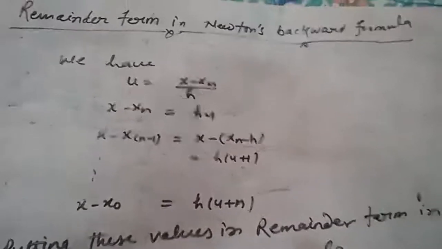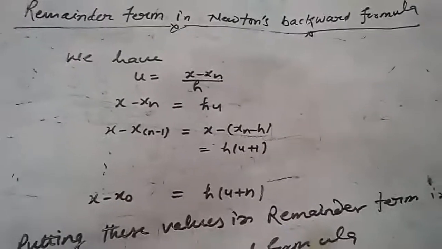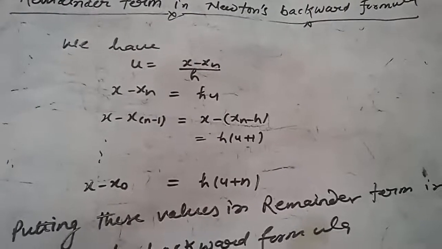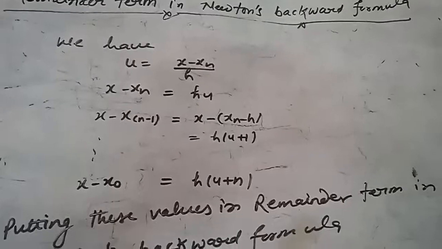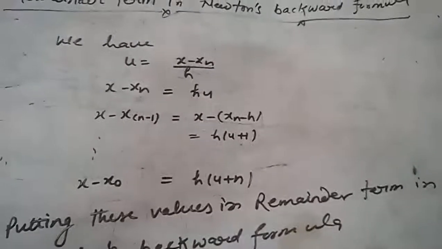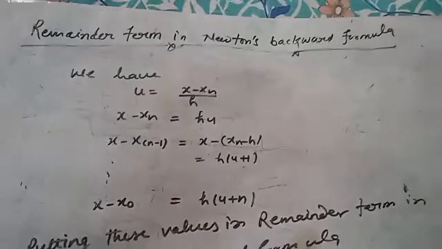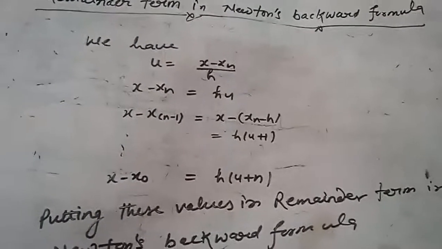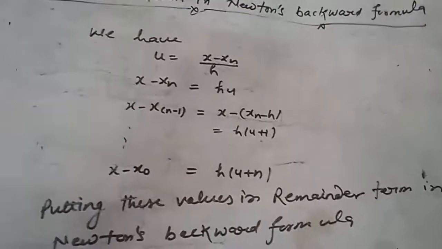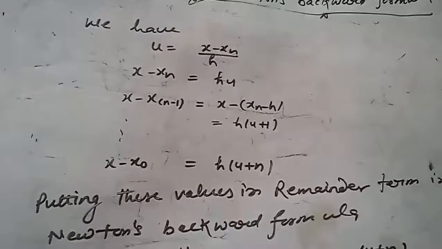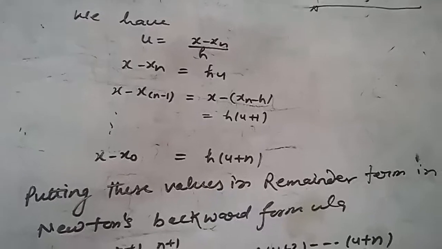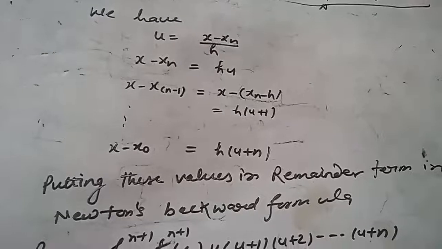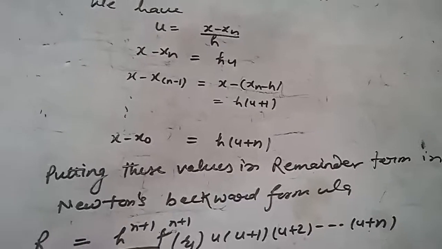And next topic, Newton's backward formula. So first derive Lagrange's formula if it comes in the examination, then make the substitution as in Newton's backward formula. u equals (x minus xn) upon h, then x minus xn equals hu, x minus x(n-1) equals h(u+1), and so we can get x minus x0 equals h(u+n).